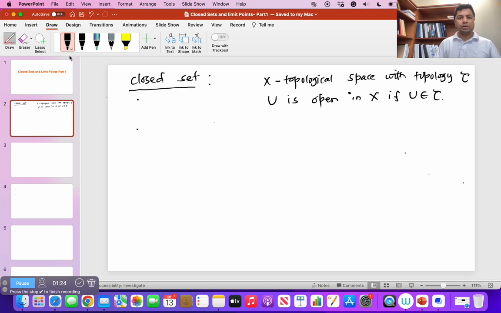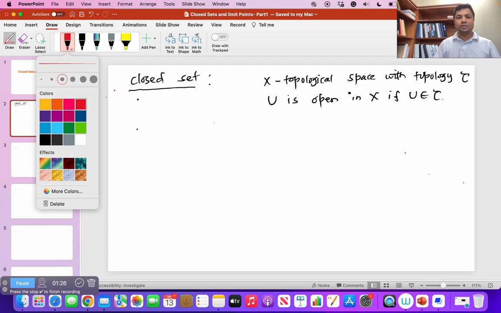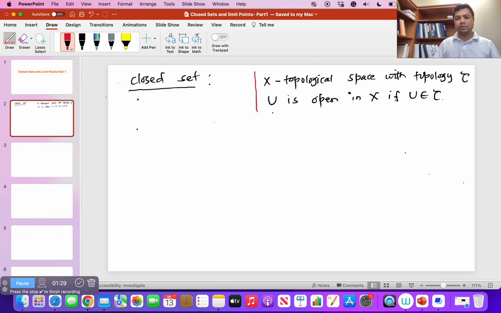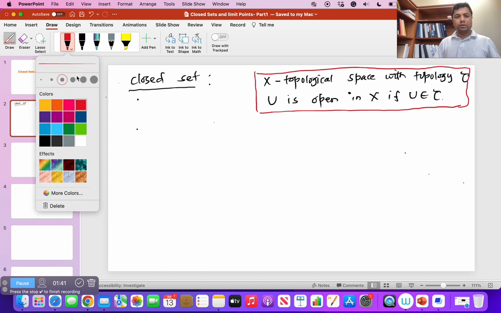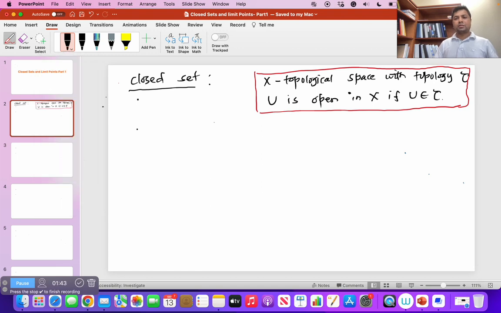We have seen this definition in one of our previous lectures. A set U in a topological space X is called open in X if U is an element of the topology tau.